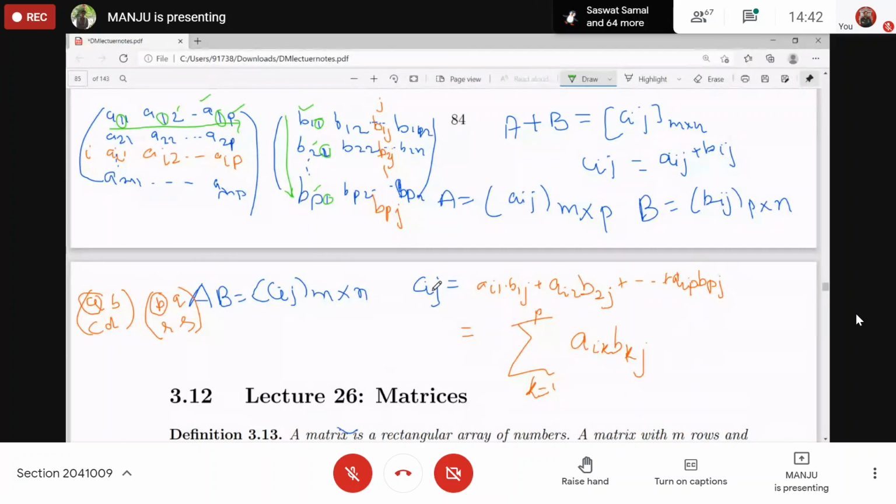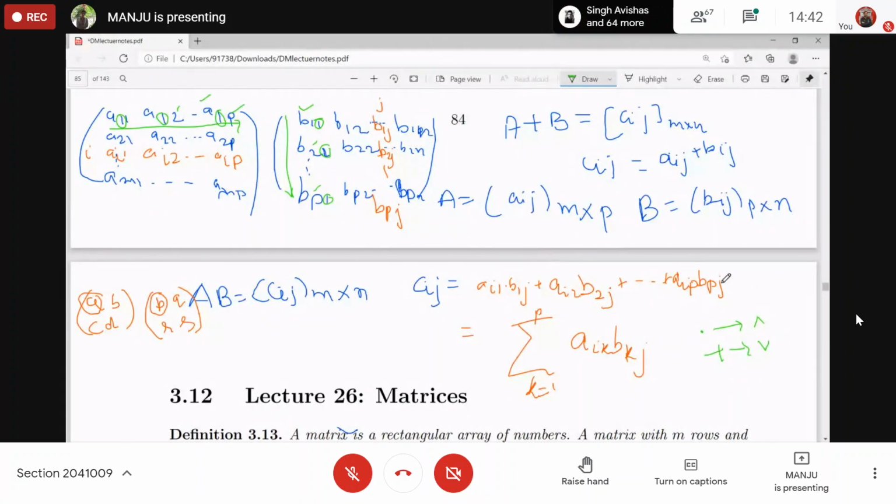Now you just replace here multiplication with conjunction, okay? Multiplication with conjunction and addition with disjunction. So how can you write this?